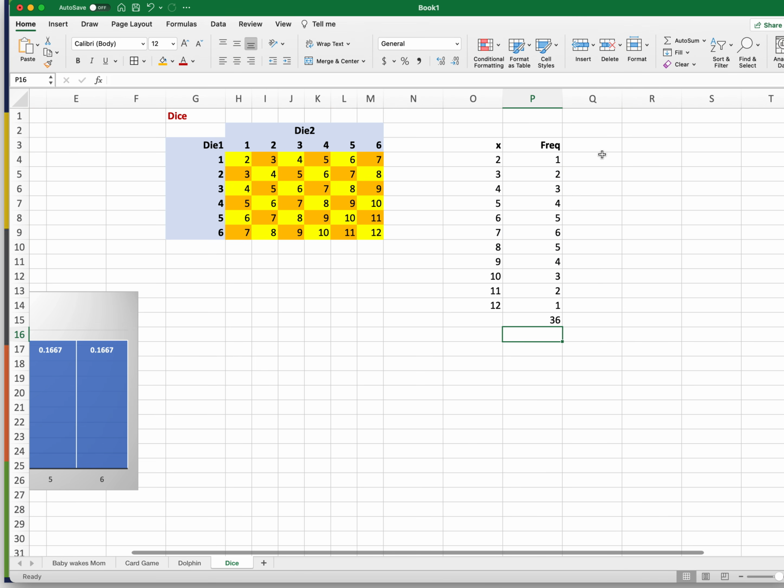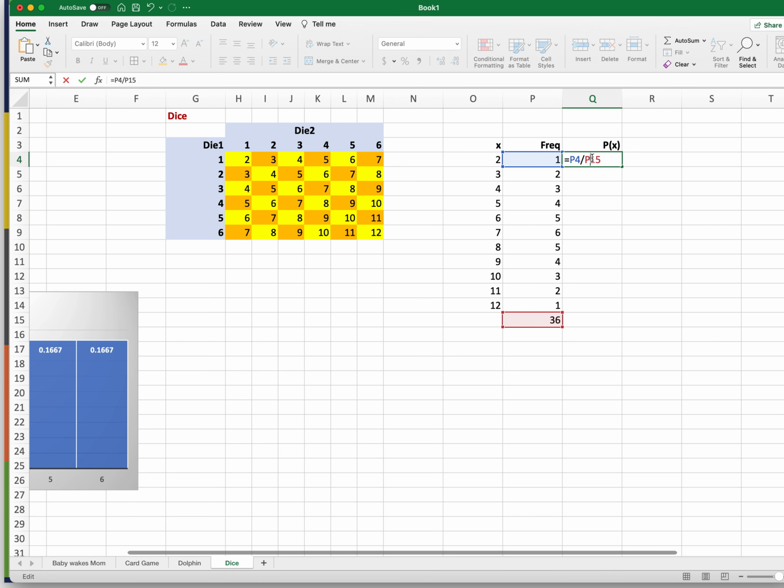It should be right there, 36. So if I want the probability of X occurring, of getting a 2, it should be equal to 1 divided by 36.